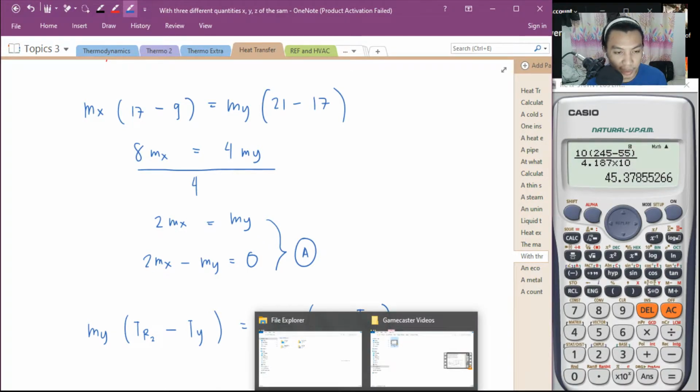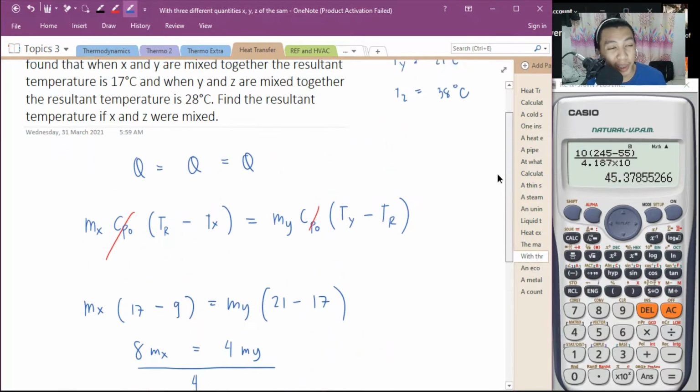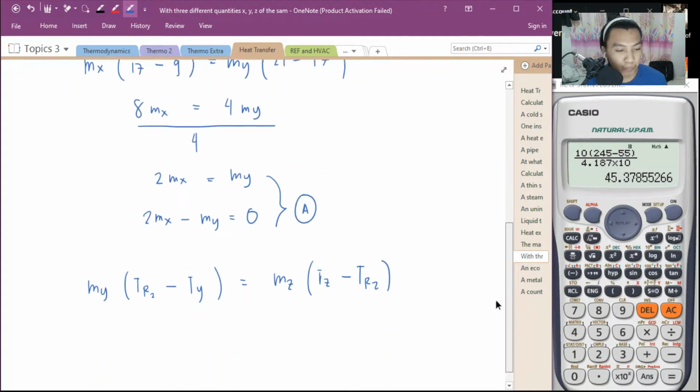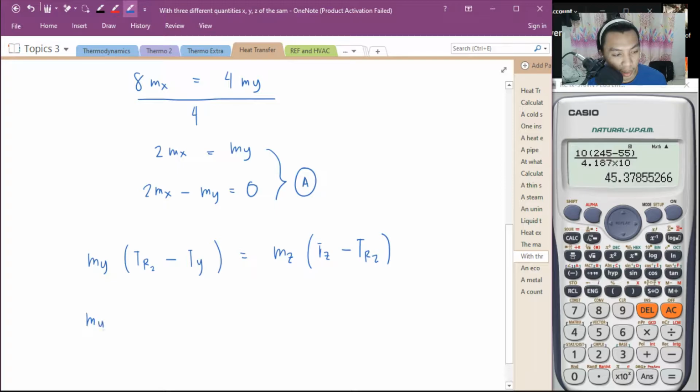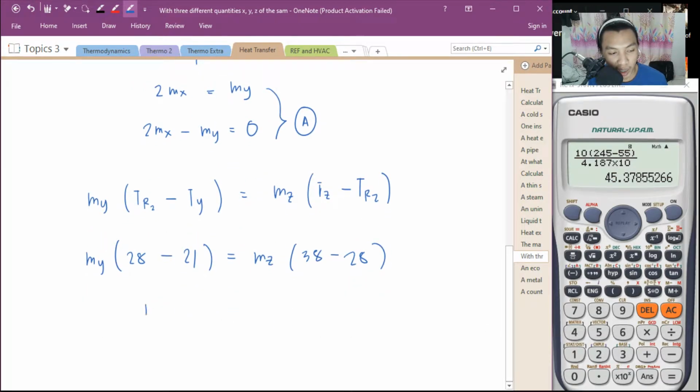May dalawang resultant yan. Ano ba yung binigay dyan? 28. So, MY times 28 minus TY, that is 21, equal to MZ. And then, TZ is 38 minus 28. So, further simplifying, 7 MY equal to 10 MZ.